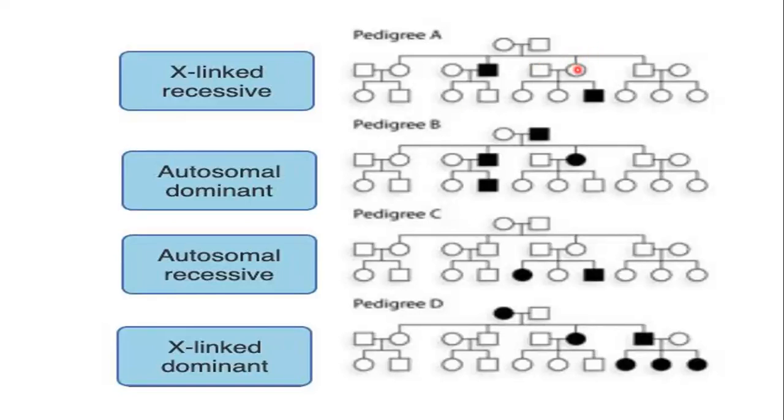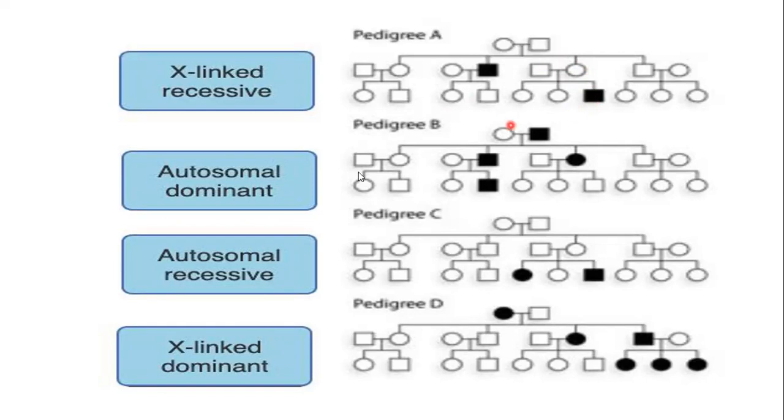So again in the second generation, you can see here that the daughter is normal. She is married to a normal male and here they produce an affected son. It means in the second generation that particular female is a carrier. That's why she affects 1 of her sons.